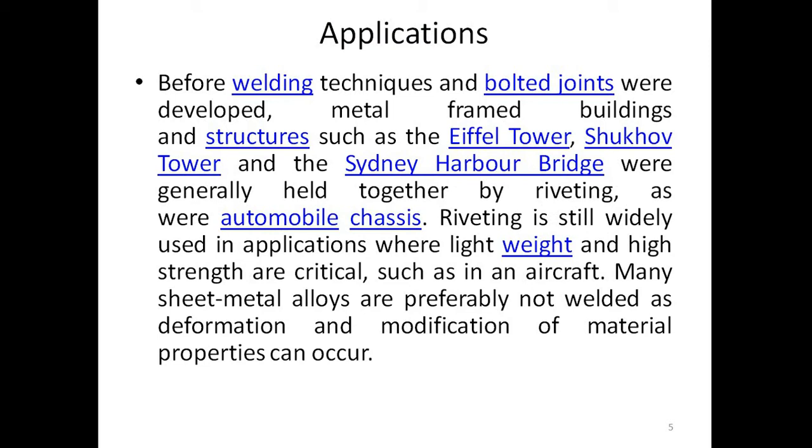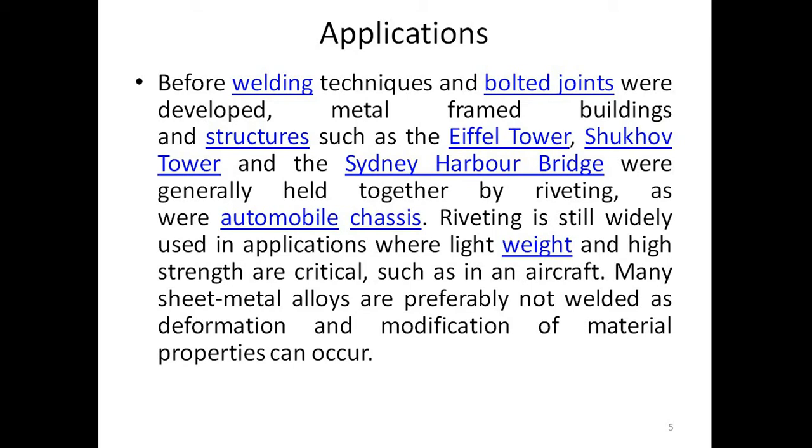Some applications of rivet joints. Before welding technique and bolted joints were developed, metal framed buildings and structures such as the Eiffel Tower, Shukhov Tower and the Sydney Harbour Bridge were generally held together by riveting.